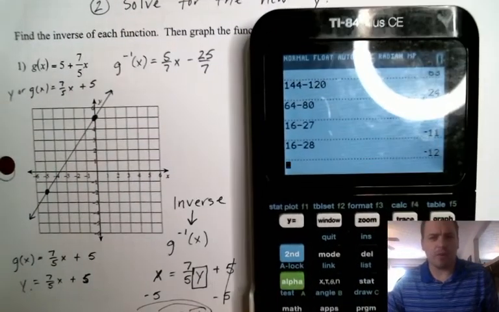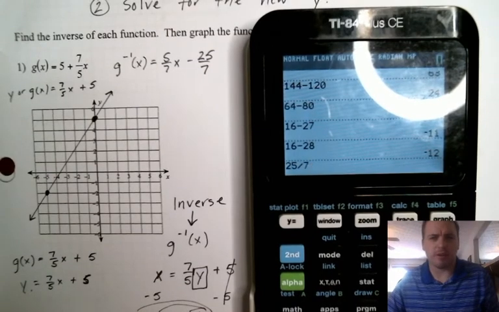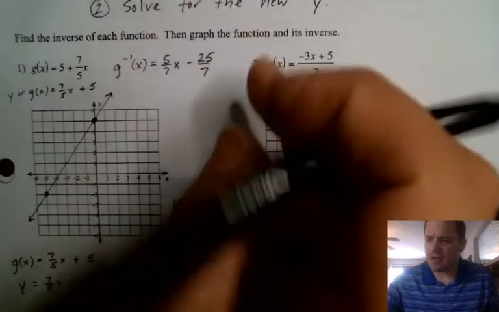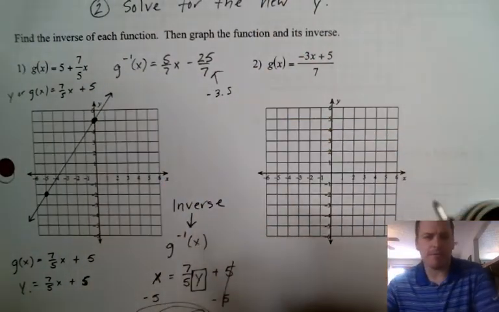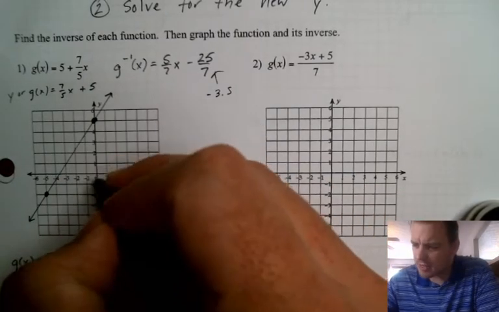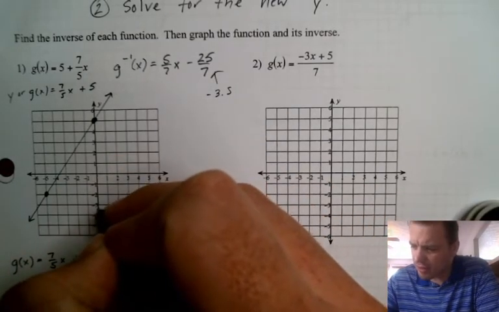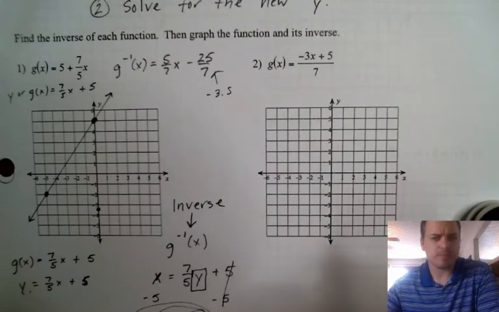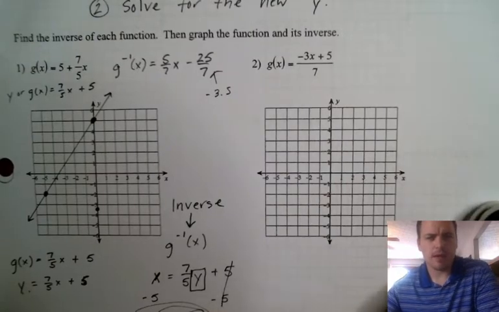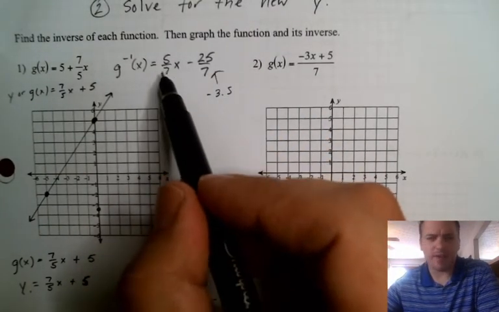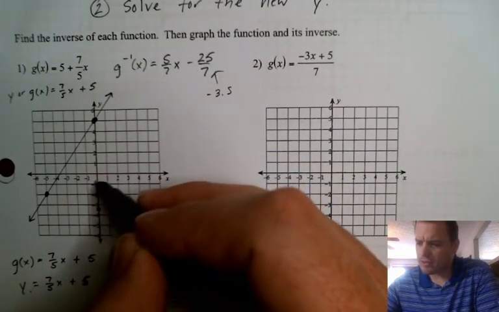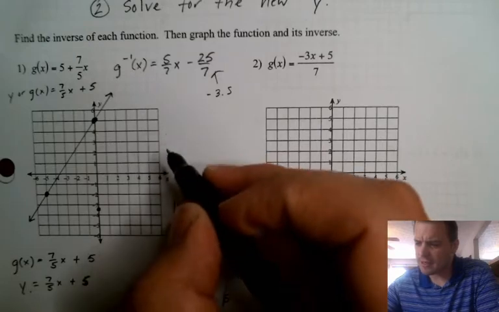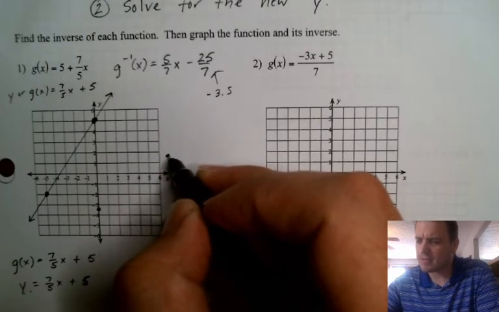We just need to figure out what 25 divided by 7 is. 25 divided by 7 is about 3.5. So this right here is kind of like saying negative 3.5. Okay? So my y-intercept is like negative 3.5, which is about right there. And then I just need to go up 5 and right 7. So up 5, 1, 2, 3, 4, 5, and right 7, which would take us a little off the graph, but that's okay.